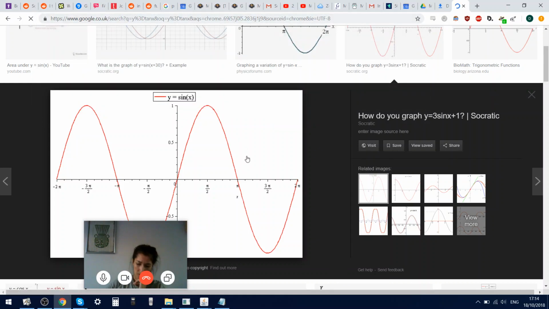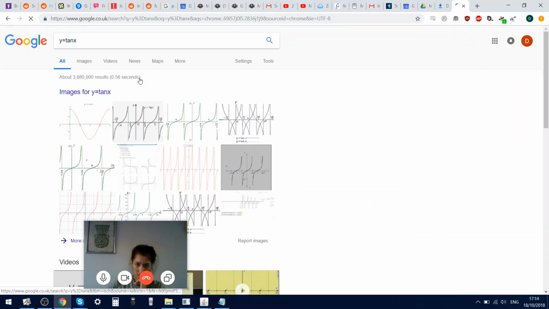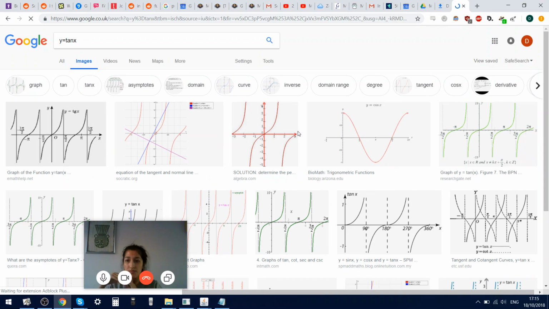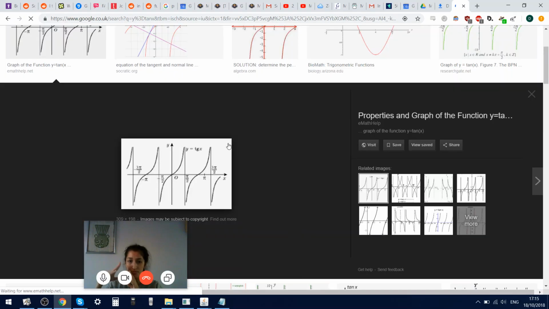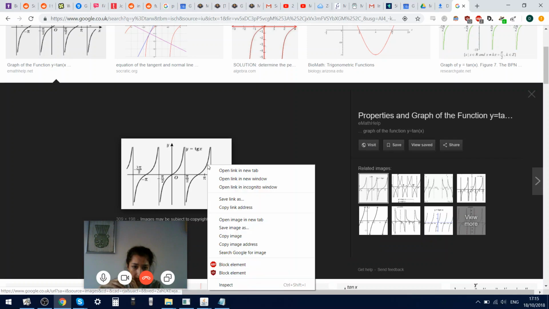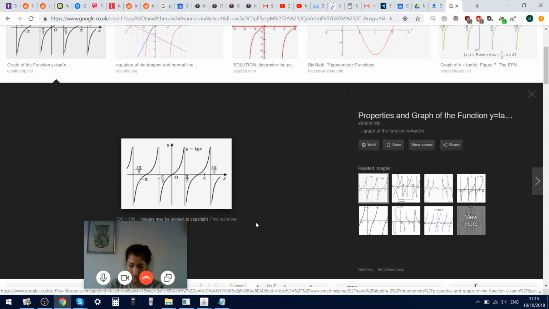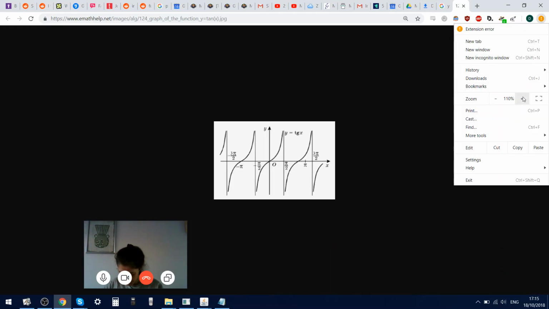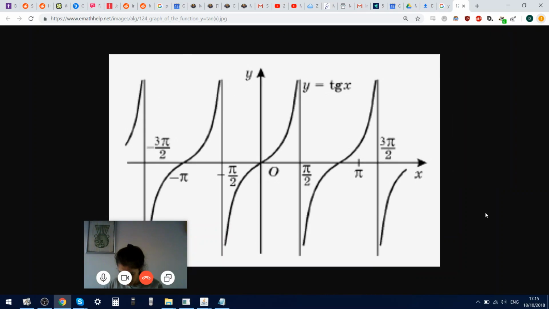So what y coordinates can you possibly get for y equals tan x? Just by looking at the graph. Possible y coordinates for y equals tan x?